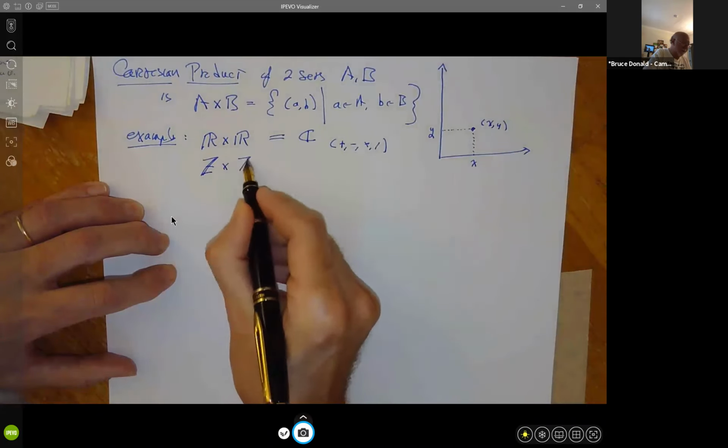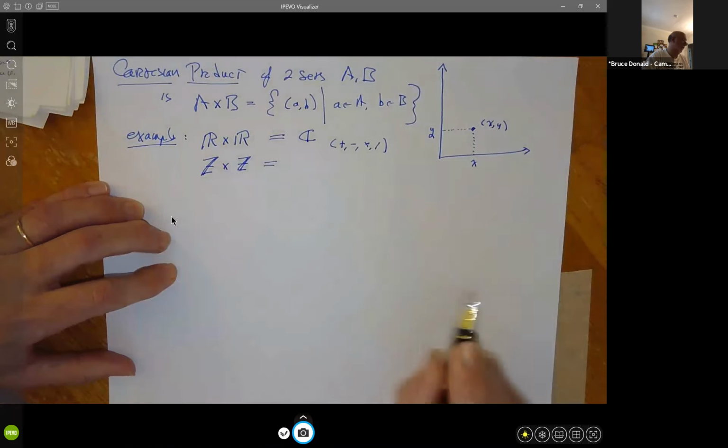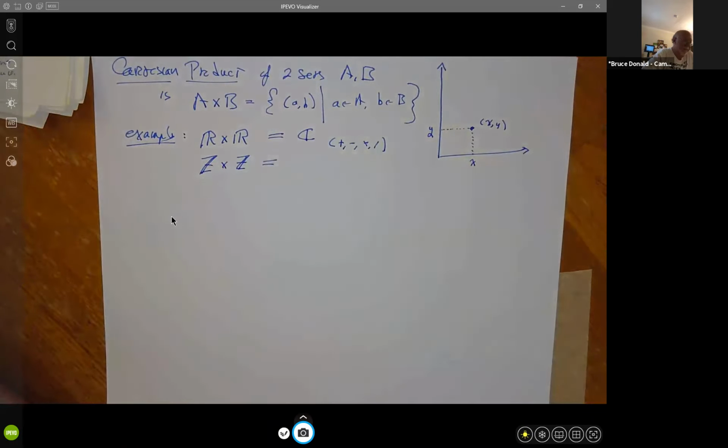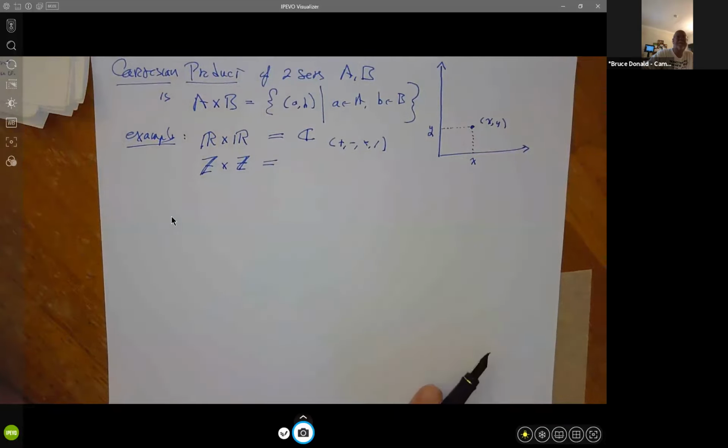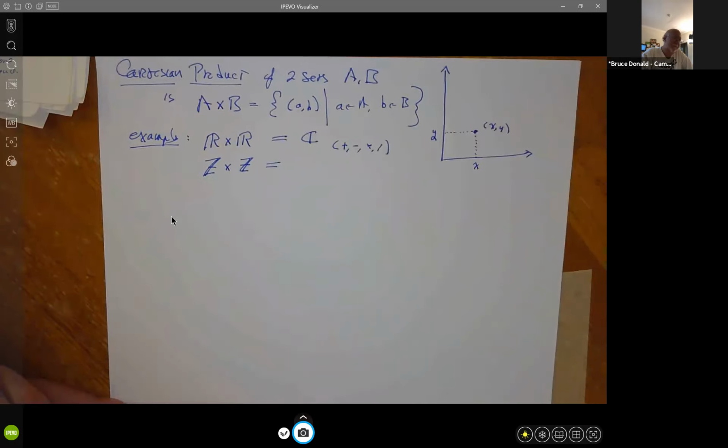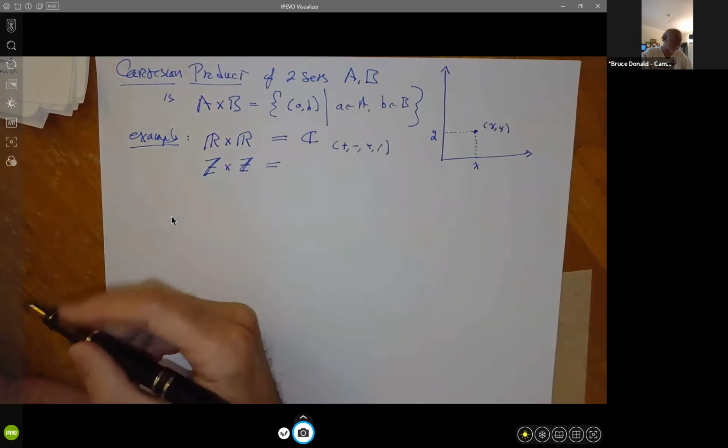How about this one? Z cross Z, where Z, of course, is the integers. What's this? What does it look like? Any ideas? It's all the points in the XY plane that are both integers.